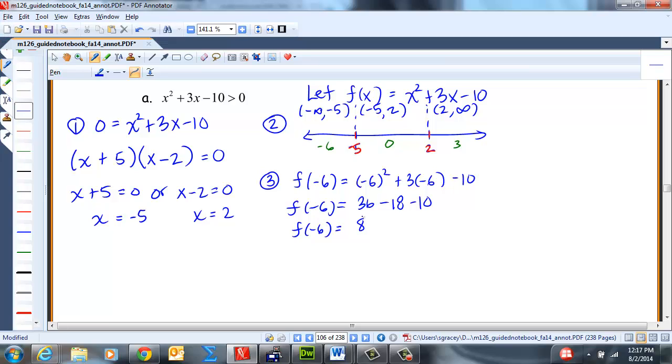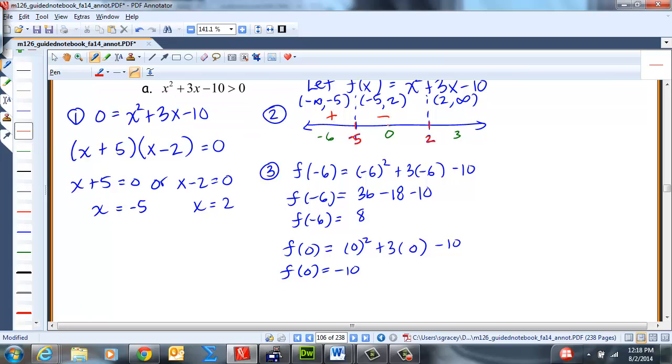So that means that in this leftmost interval, every single y value will be positive. Next up, evaluating f at 0. So we'll have 0 squared plus 3 times 0 minus 10. F at 0 is negative 10. So every y value in the middle interval is negative.